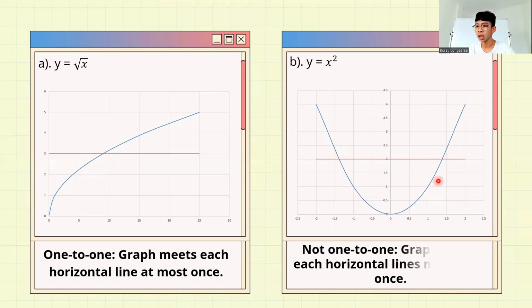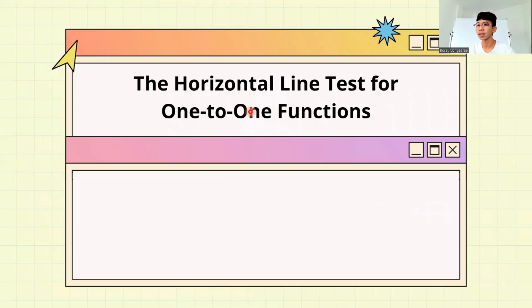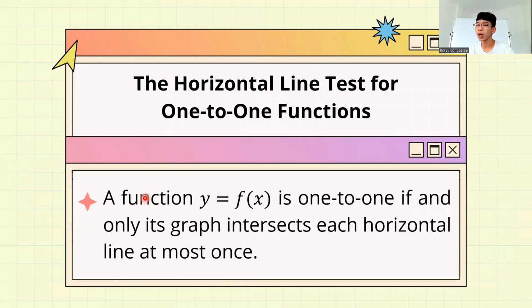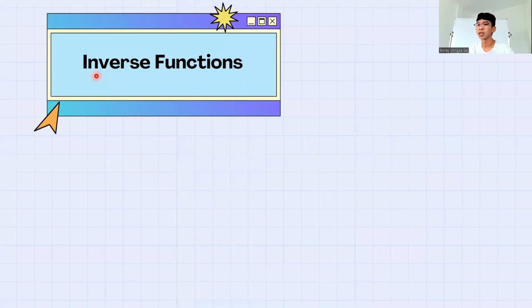So we say it is not a one-to-one function, since the graph meets some horizontal lines more than once. Now we can conclude the horizontal line test for one-to-one functions: a function y equal to f(h) is one-to-one if and only if its graph intersects each horizontal line at most once, as I showed in the previous slide. So now let's move on to inverse functions.